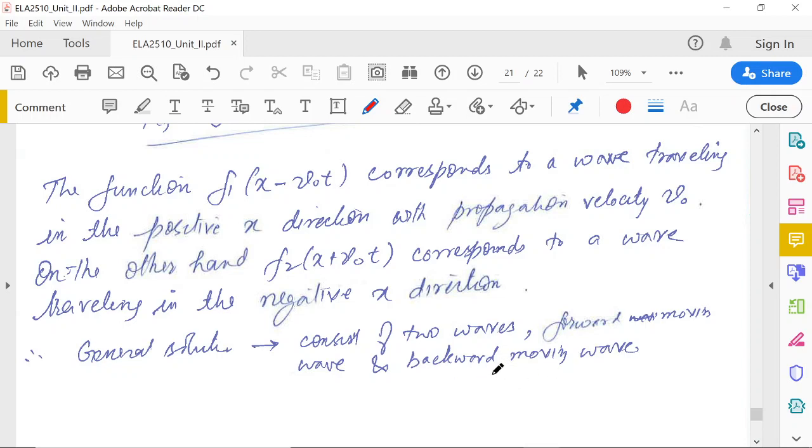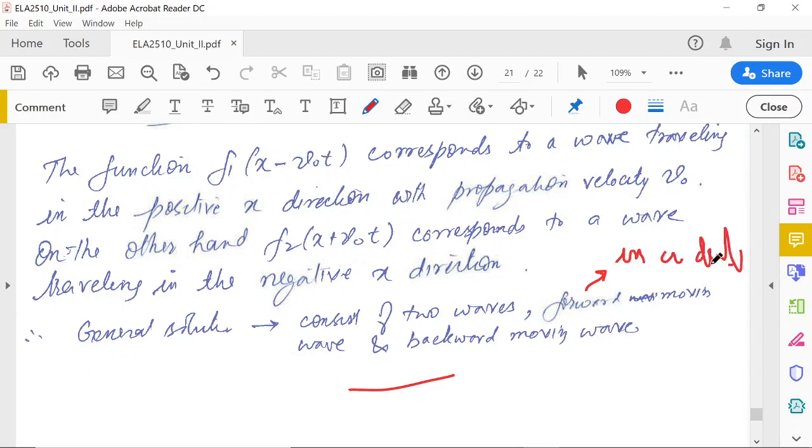We will see this in the later classes. This backward wave is also called the reflected wave because it is moving backward, meaning it is coming after being reflected somehow. So a wave consists of two parts. One is forward, which we sometimes call the incident wave, and the other is the reflected wave.